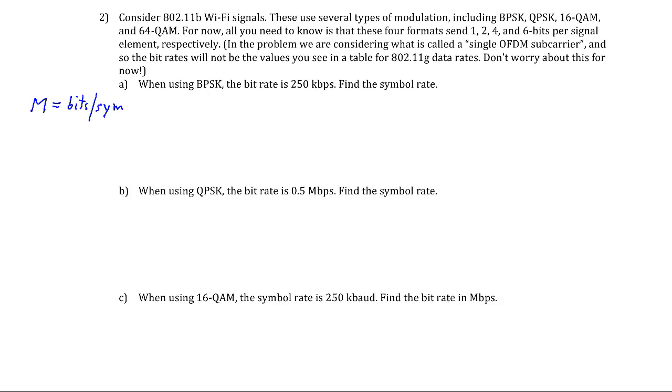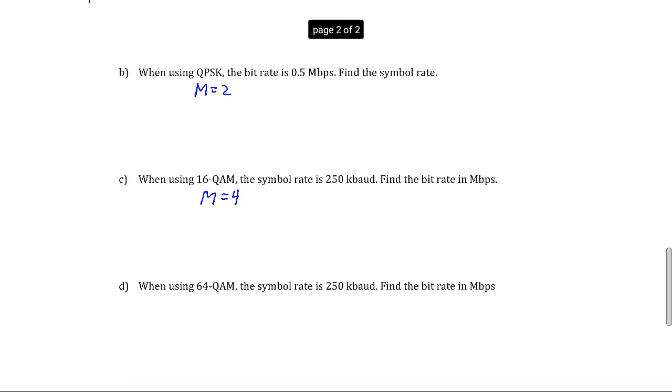Okay? And so for BPSK we have M equals 1. For QPSK we have M is equal to 2. For 16 QAM we have M equal to 4. And the last part has 64 QAM, and M is equal to 6 bits per symbol.